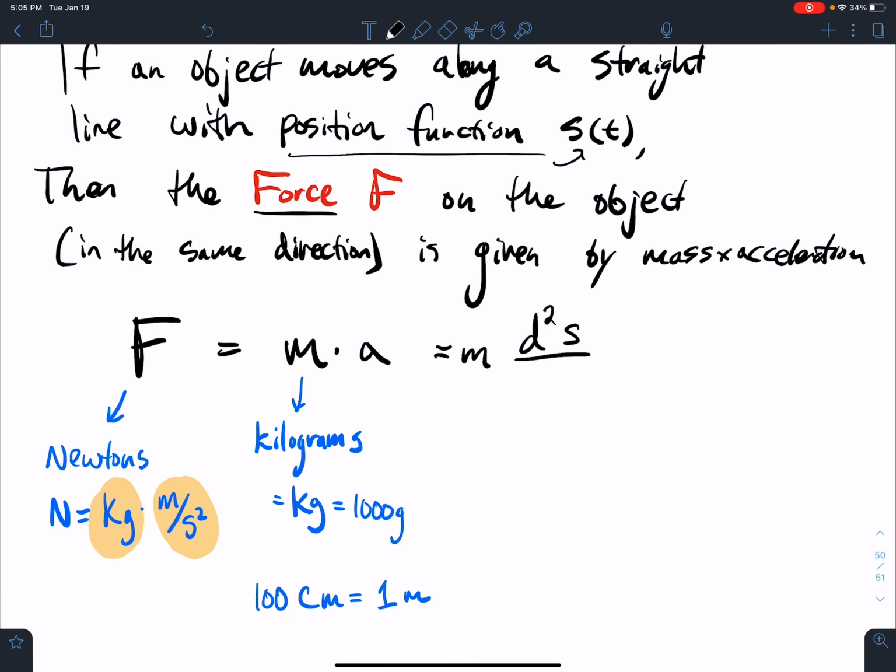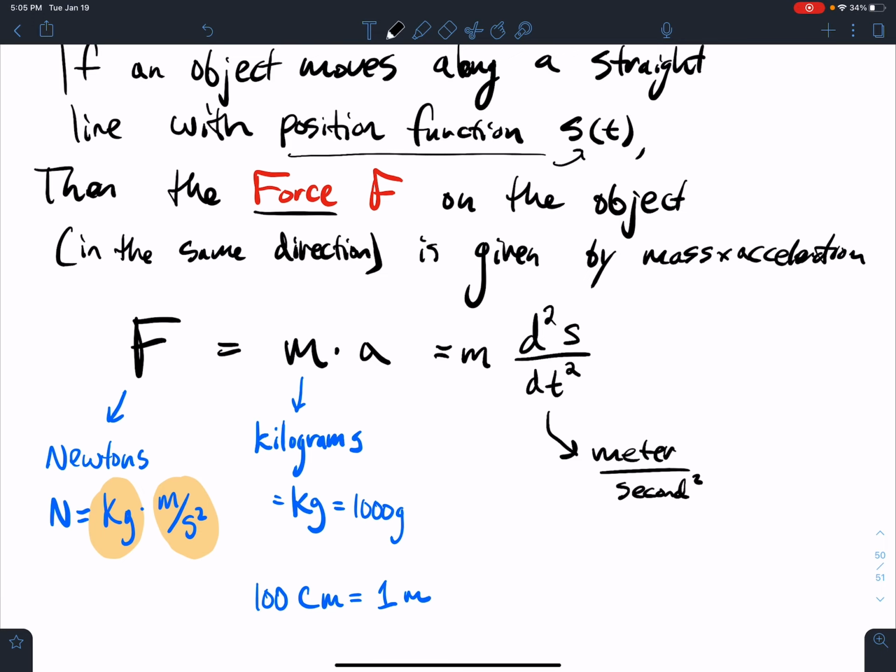So the second derivative of s with respect to time t is where the meters per second squared comes into play, because I'm taking the derivative with respect to seconds. So meters over seconds squared, because it's the second derivative. So that's why there's that squared coming in, that dt, right?